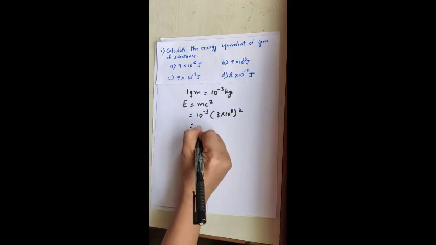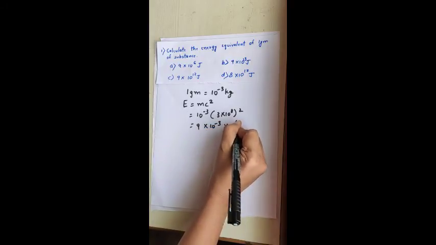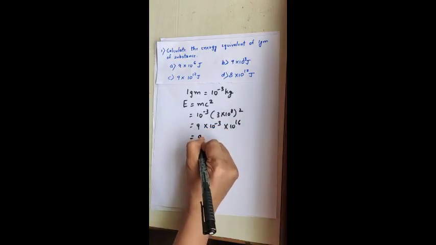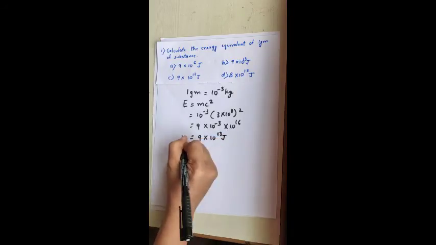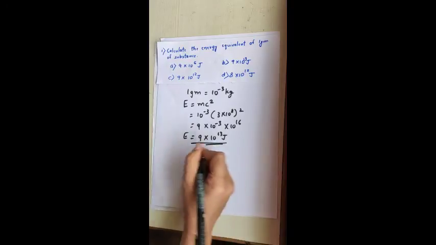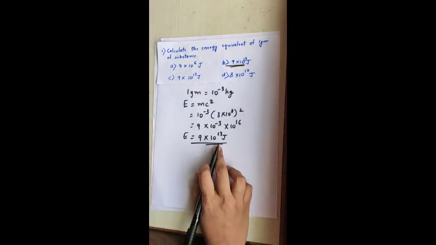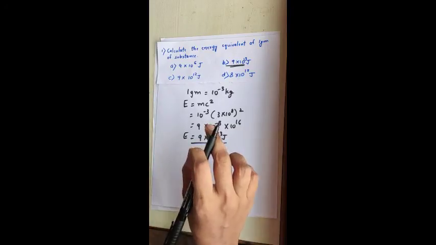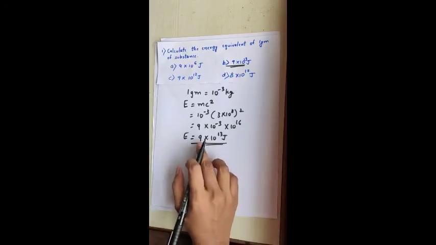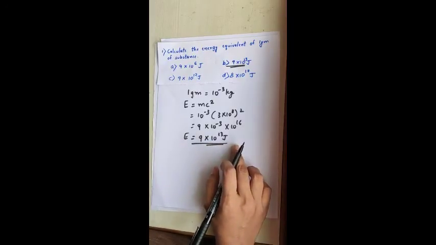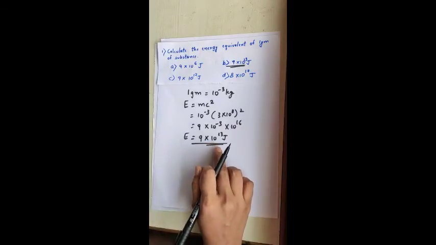So 3 square is 9, this is 9 into 10 power minus 3 into 10 power 16, and the final answer is 9 into 10 power 13 joules. So the answer is B. What does this mean? When 1 gram of matter is converted to energy, there is a release of an enormous amount of energy, which is around 9 into 10 power 13 joules.